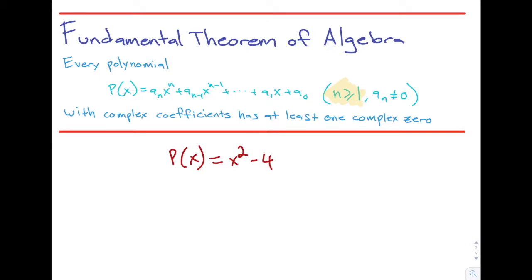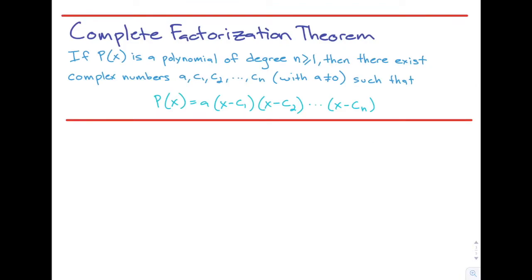Now, if we take this in addition to the factor theorem, which says that if c is a zero of the polynomial p, then x minus c is a factor of p, then we can state the complete factorization theorem.